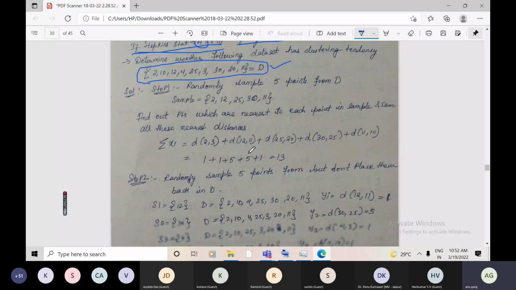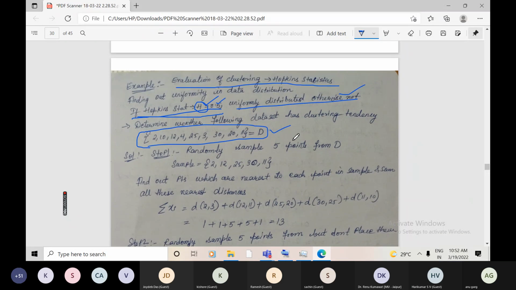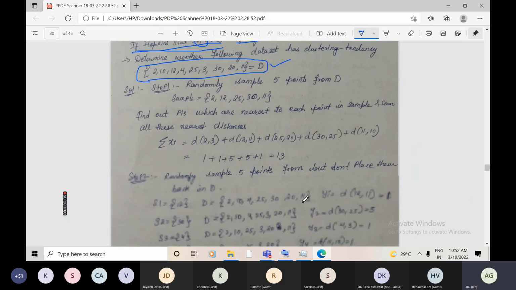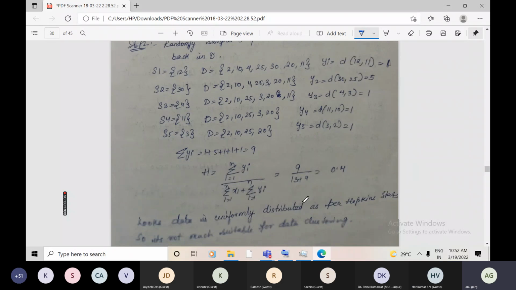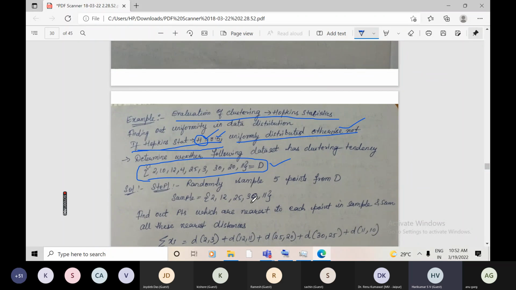First you have to randomly sample. Is uniformly distributed good for clustering or bad for clustering? It's not good for clustering. Okay. So if 0.5, what is the implication? That is the definition of this Hopkins statistic. You need to check whether the value is closer to 0 or closer to 0.5.